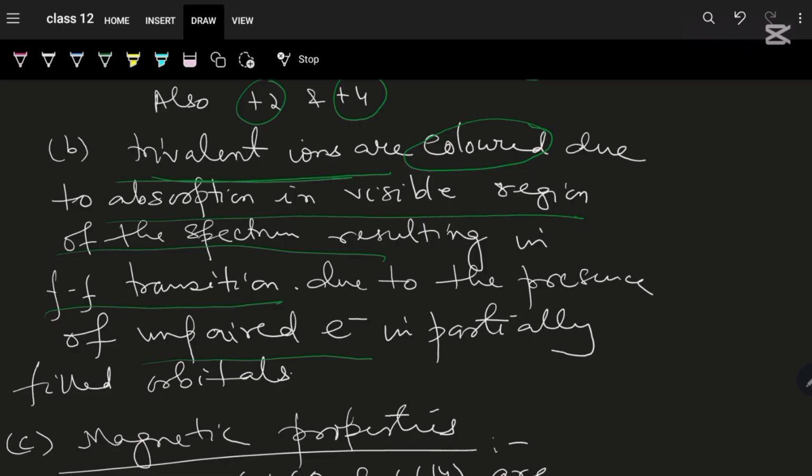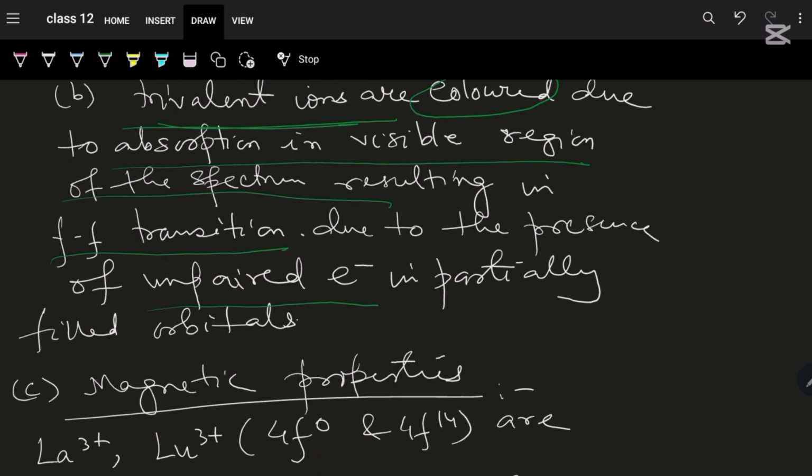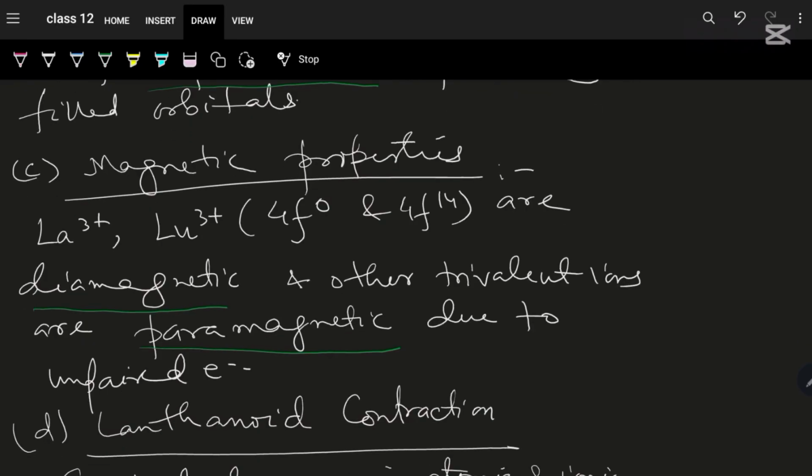So it is an f-f transition. As we have seen the d-d transition, here it is the f-f transition due to the presence of unpaired electrons, which undergo transition by absorbing light in the visible region of the spectrum.